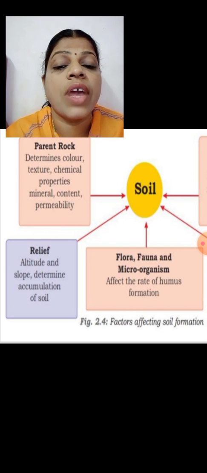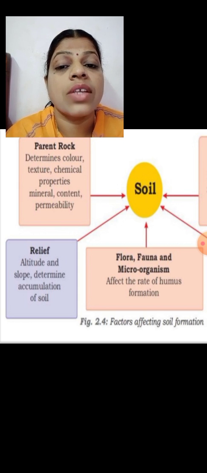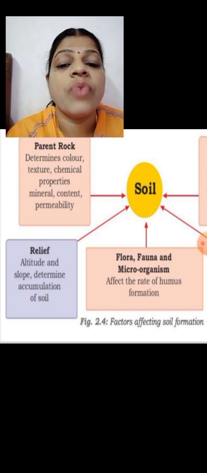Which are the different factors? We know that the different types of soils are there, isn't it? Yes, the black soil, you would have heard about this, red soil, brown soil. In various colors we can see the soils. And what about the texture? It is also different in the different types of soil.